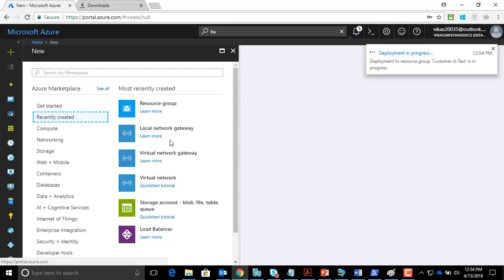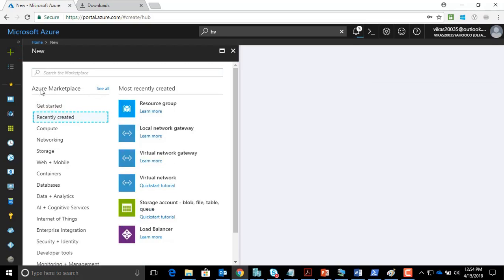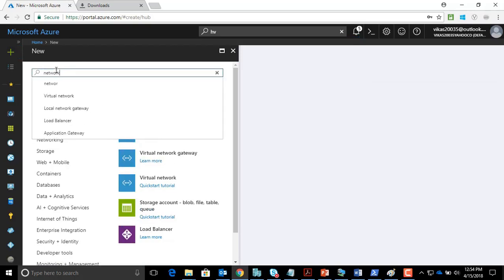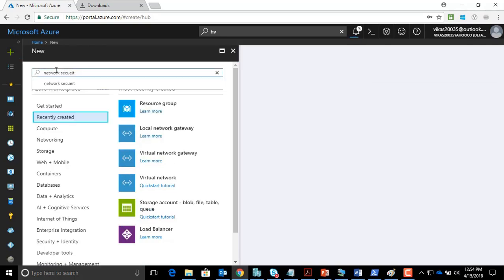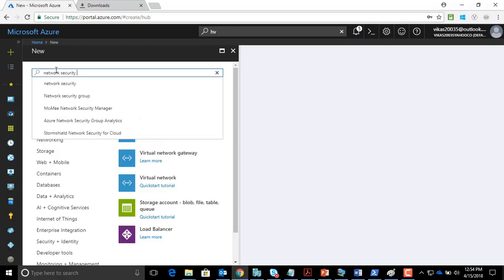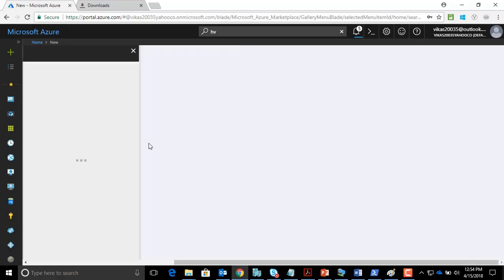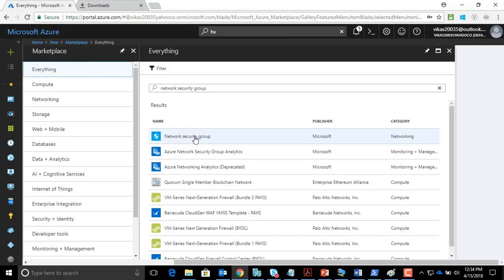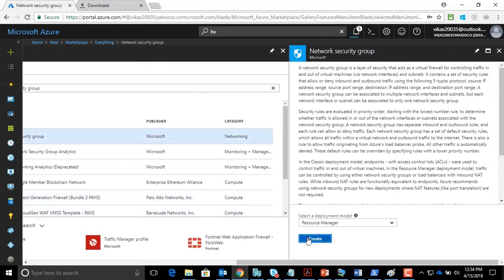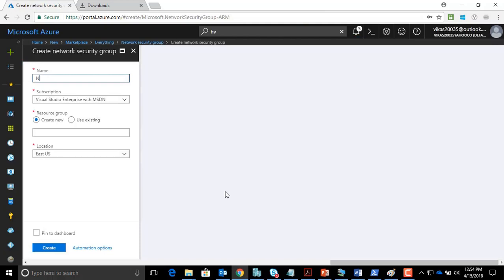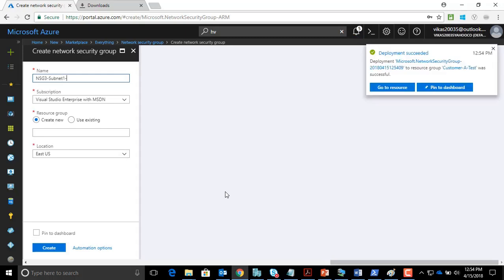Third is NSG number 3, which I will link with the subnet 1 VM level.